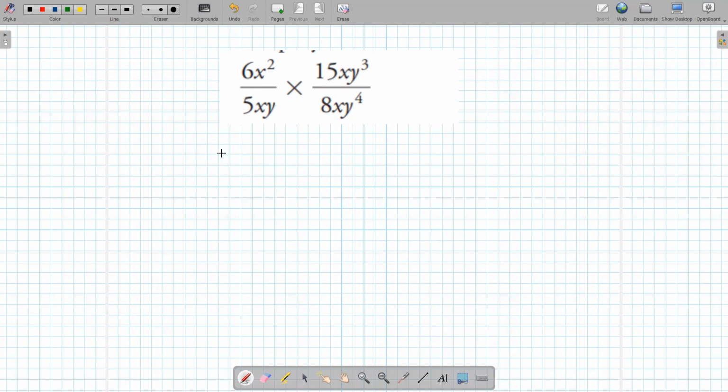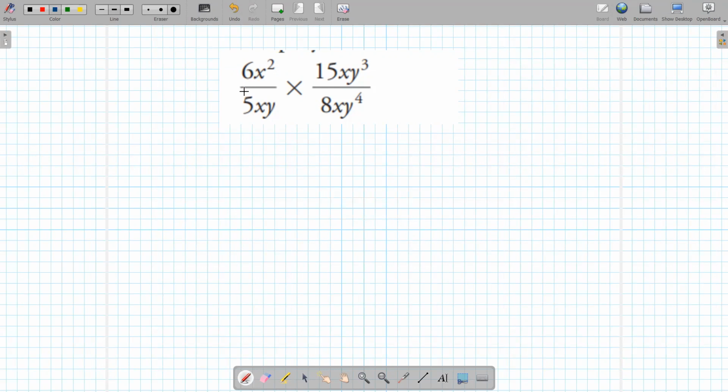Right, the goal is to simplify this. What is our plan of attack? Can we cancel out anything right now? No. So what do you do in a thing like this?